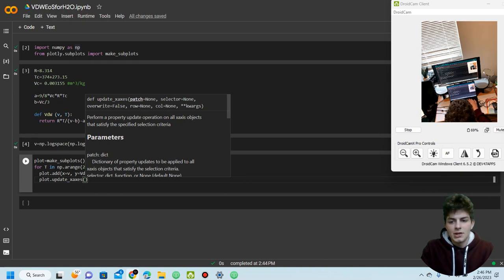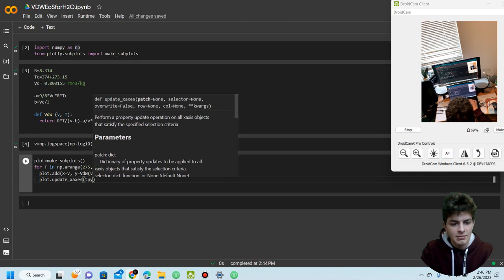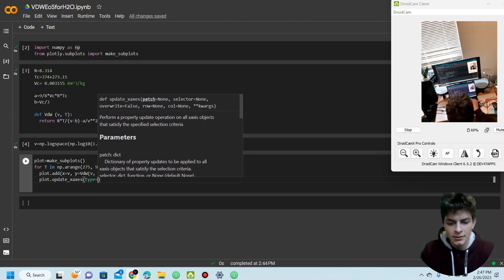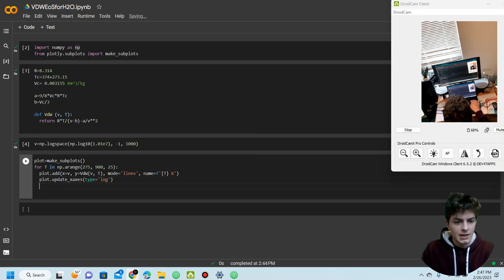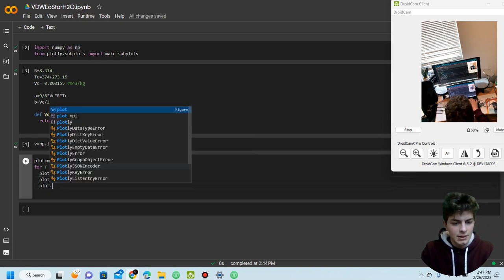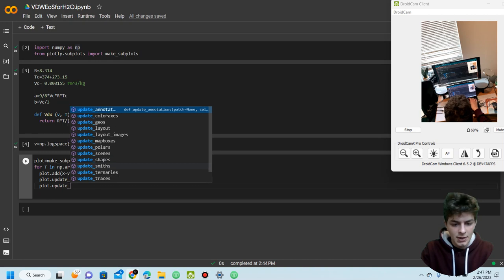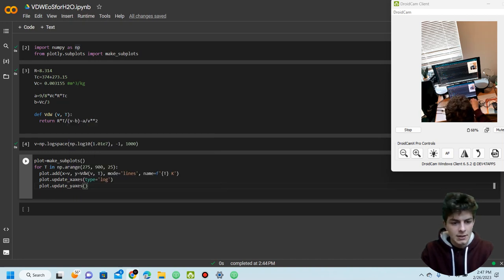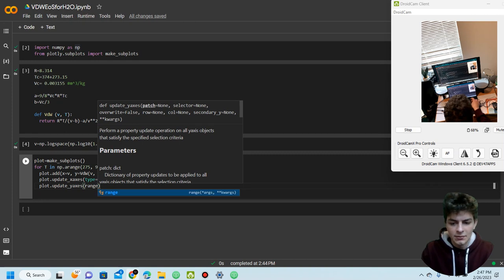We need to change the parameters for our x and y axes, based on the fact that they will give some extremely low numbers and not really give us the range of values that we're looking to seek here. So let's go ahead and make the x-axis a log. That looks good. And then update the y-axis. We'll go ahead and do that as a different range.